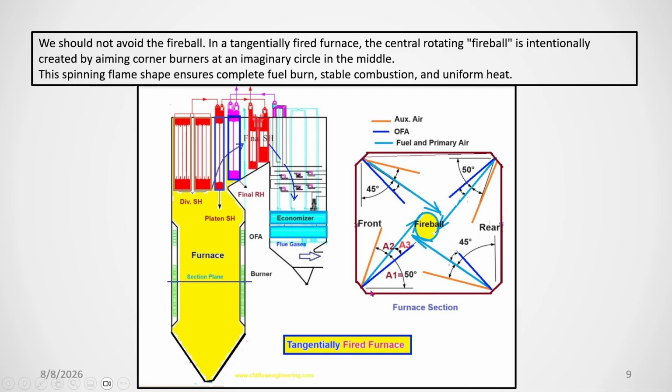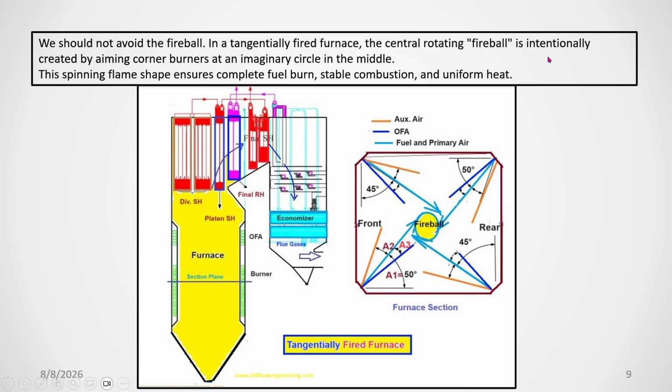Now you see the fireball for the tangential firing boiler. They tilt the burners at different angles and create that fireball. To create this fireball is very important, so that uniform heating will be there and no impingement. So we should not avoid the fireball. You have to create the fireball in a tangentially fired furnace.